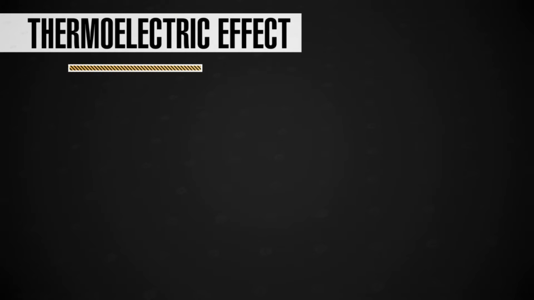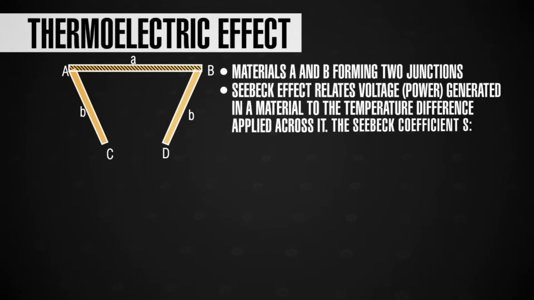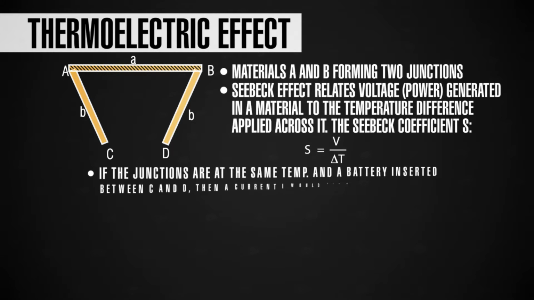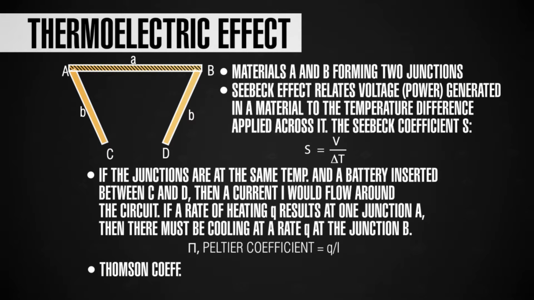There are novel ways of generating energy power. One is called the thermoelectric effect, which exploits any freely available temperature difference. Here what you see is two distinct materials A and B forming two junctions, and when you have a temperature difference across these junctions, the so-called Seebeck effect can be exploited.